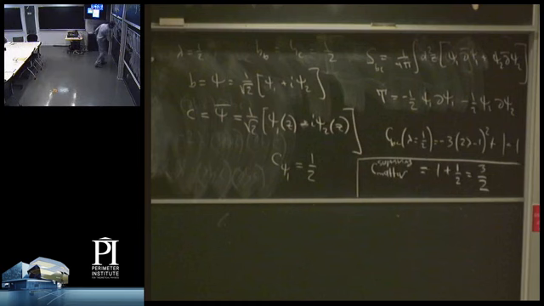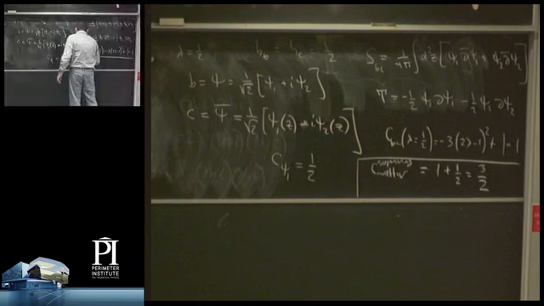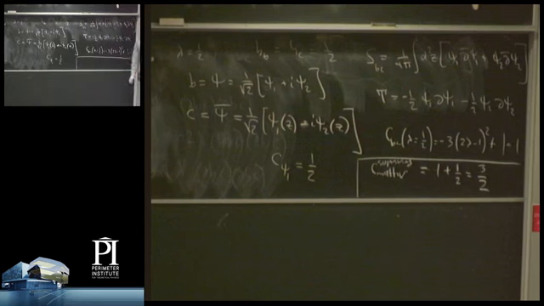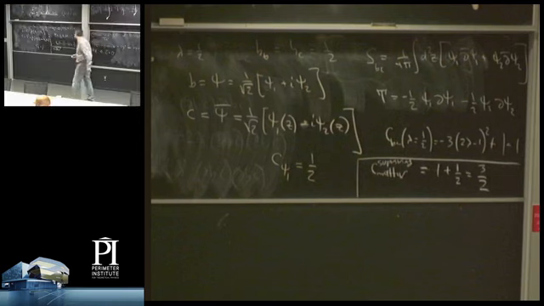So the only thing I'm going to say is that a single world-sheet supermultiplet in the matter sector of the superstring, again, needs one bosonic degree of freedom and one fermionic degree of freedom, because supersymmetry is a symmetry which relates bosonic and fermionic degrees of freedom.